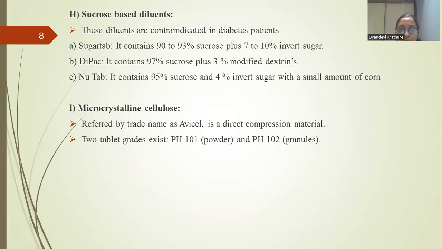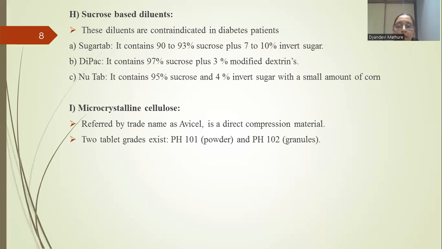Now, as I told you, there are so many diluents or excipients which have trade names also. So it is very important to remember those trade names, like Star X 1500, which is called pre-gelatinized starch, hydrolyzed starches, MDEX and Cellutab. Microcrystalline cellulose is also referred to by the trade name Avicel, and it is a direct compression material.